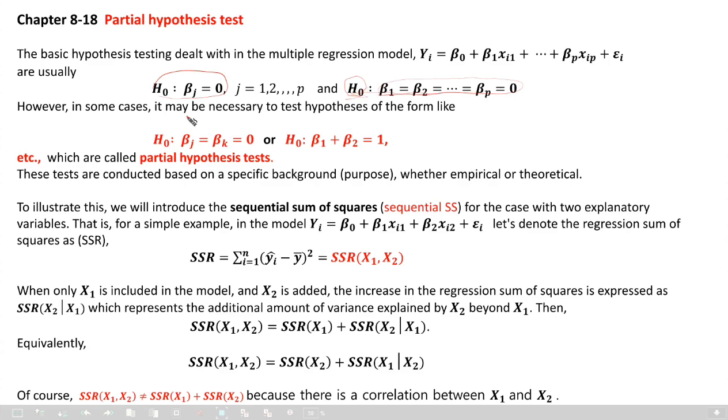However, in some cases, it may be necessary to test a hypothesis of the form beta j equal to beta k, or any two specific explanatory variables equal to 0, or H naught: beta 1 plus beta 2 equal to some value. Let us suppose the explanatory variables x1 and x2 are proportions, and theoretically the sum of the parameters beta 1 plus beta 2 equals 1, or beta 1 plus beta 2 equals 0.3.